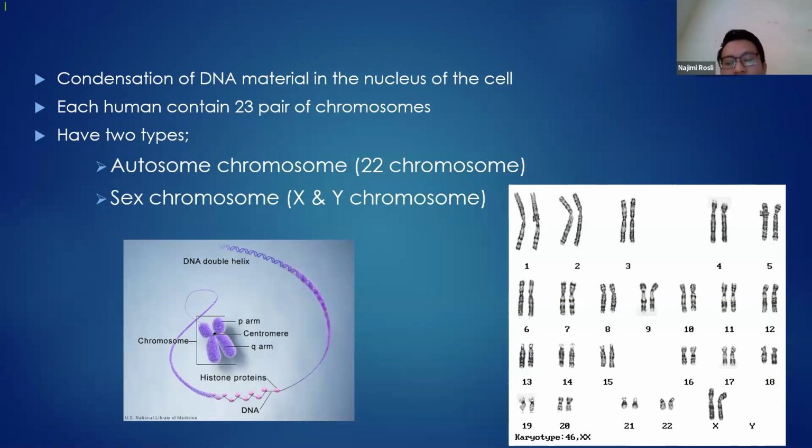It is an error that occurs in meiosis during the production of the gametes, which can lead to abnormality of the chromosome structure or the chromosome number. Any changes in the number of chromosomes or the structure will give rise to many problems in the growth, development, and also the function of the body system.